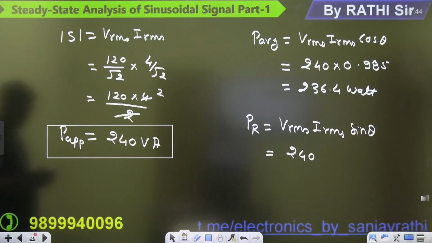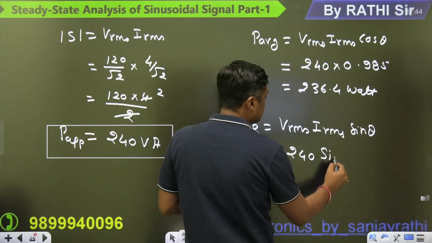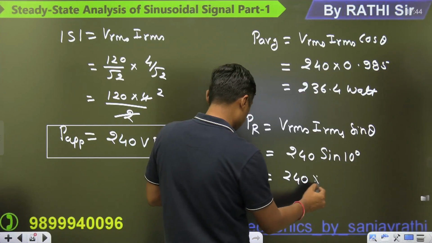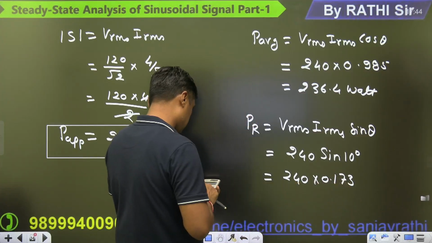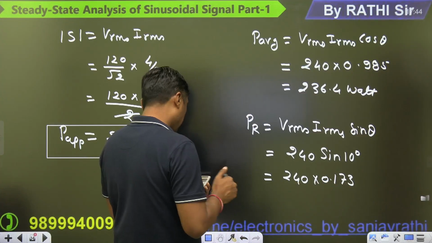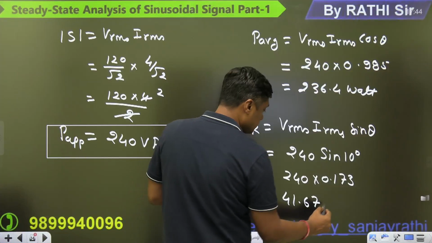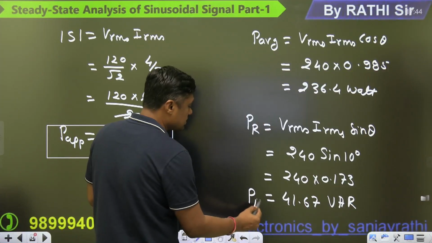So what is sine 10? 0.173. That gives 41.67. It is called reactive power, in volt ampere reactive.